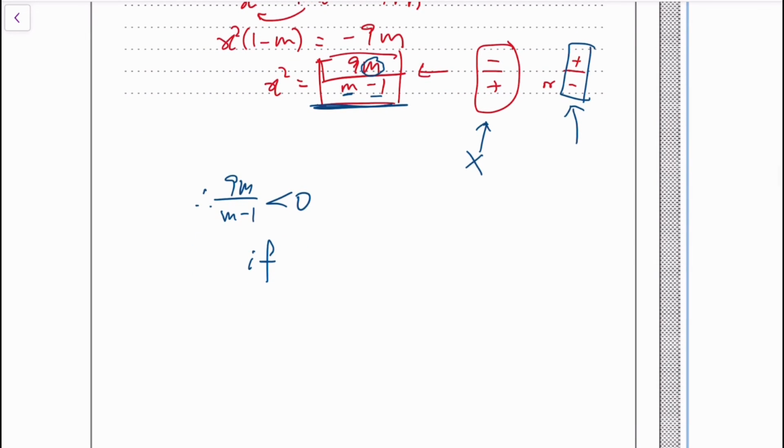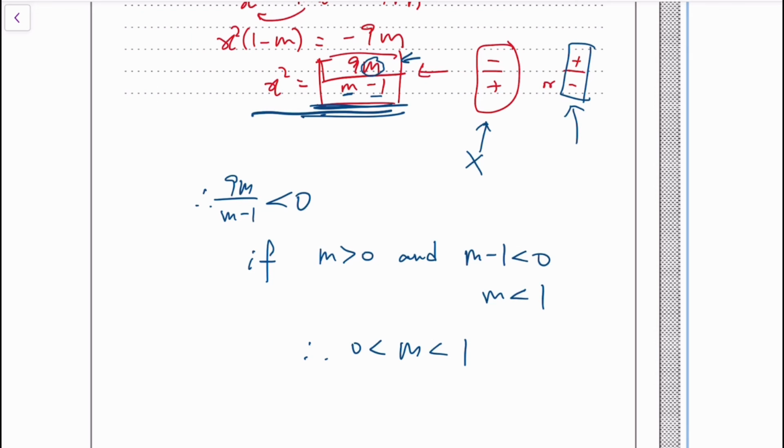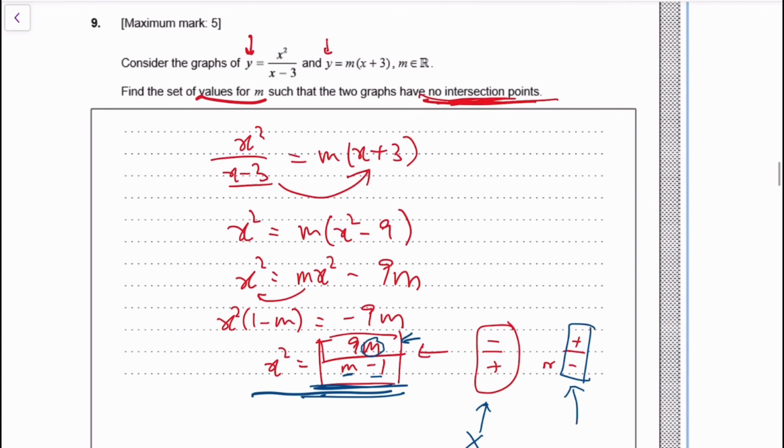If the top is positive, means m is positive, and the bottom is negative. So it means m minus 1 is less than 0. So m is less than 1. Therefore, overall is when m is between 0 to 1. When m is between 0 to 1, this whole thing will be negative. Then this equation would have no solution. That's when you have no intersection point.